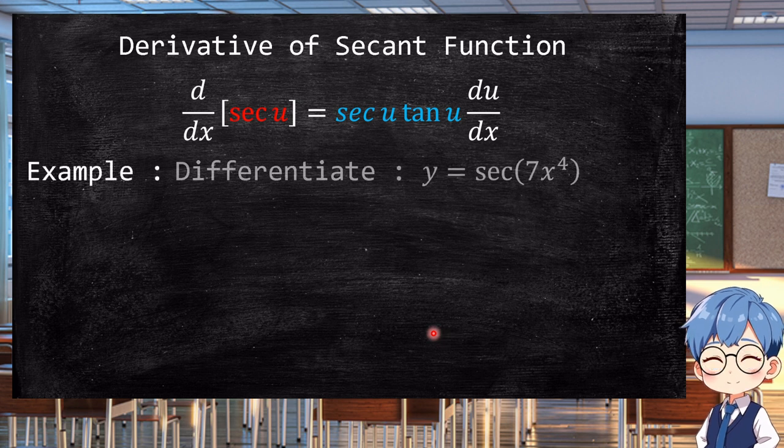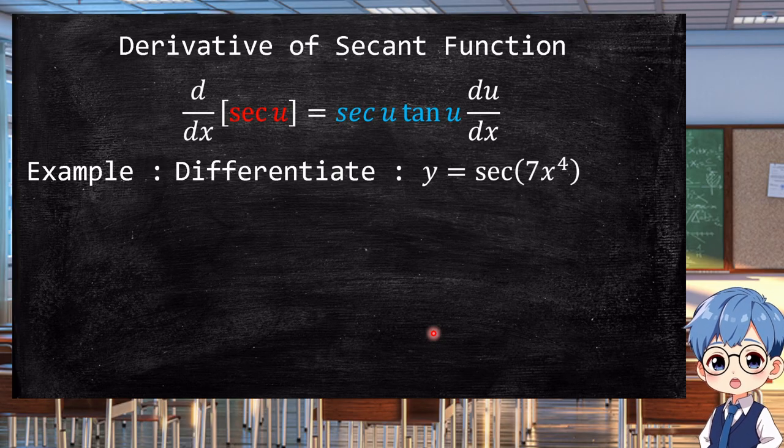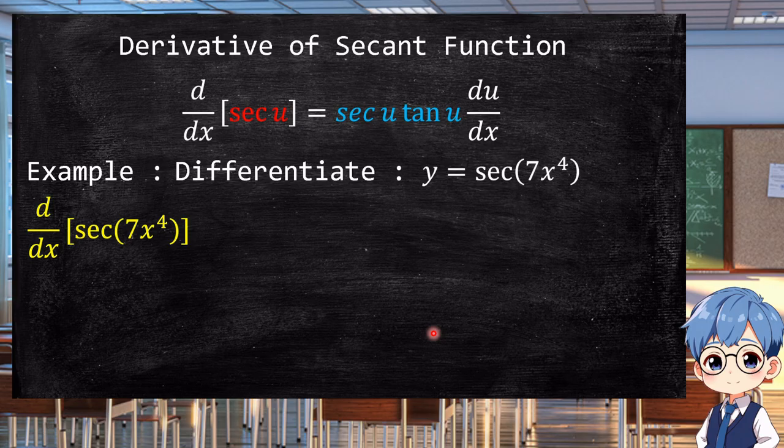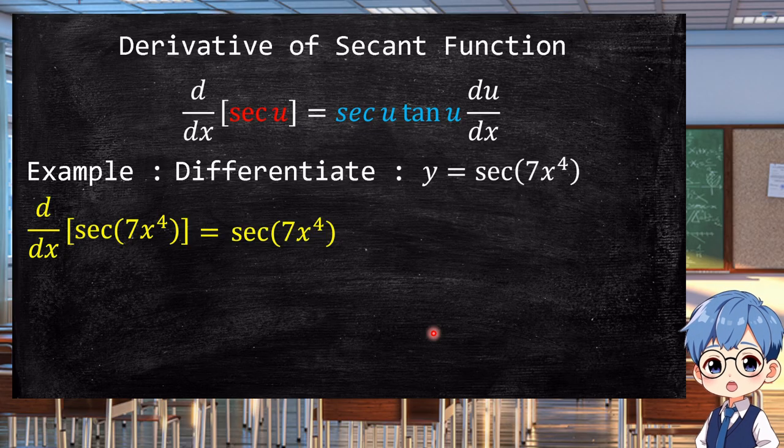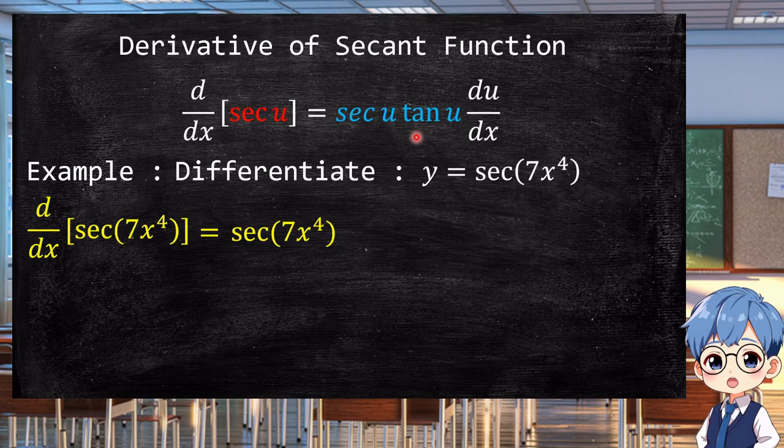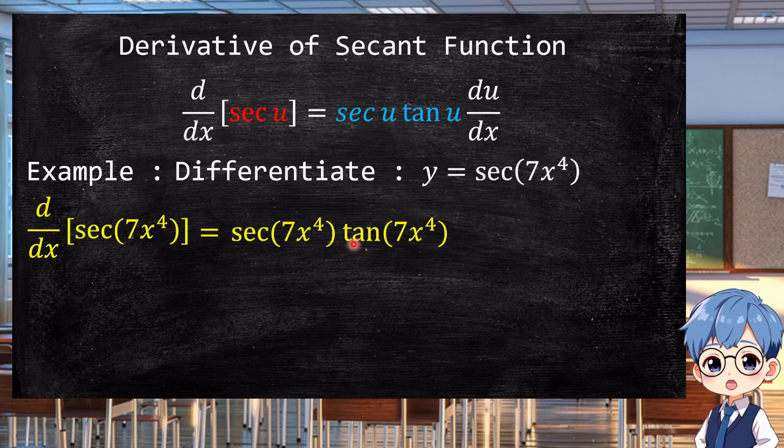Example, differentiate y equals secant of 7x to the power of 4. So we just use the formula. We will have secant of 7x to the power of 4, but take note, there is tangent again here, so we will also write tangent of 7x to the power of 4, and then we multiply the derivative of 7x to the power of 4.